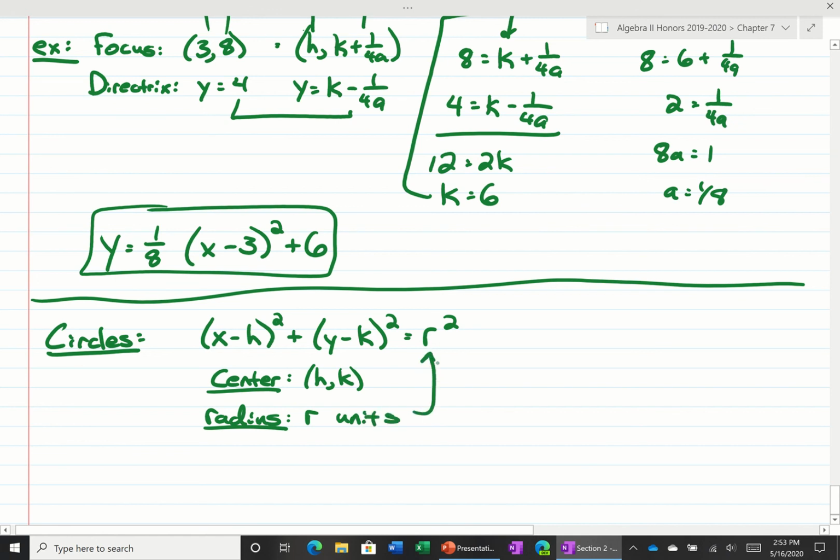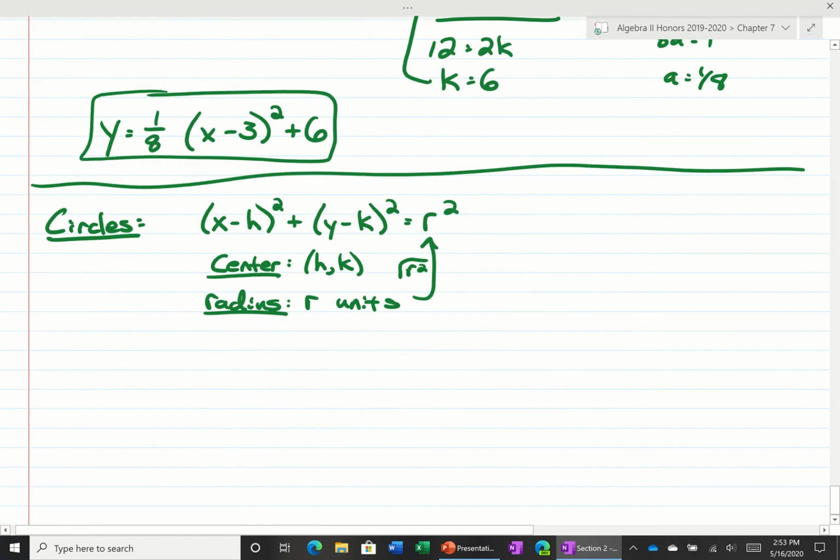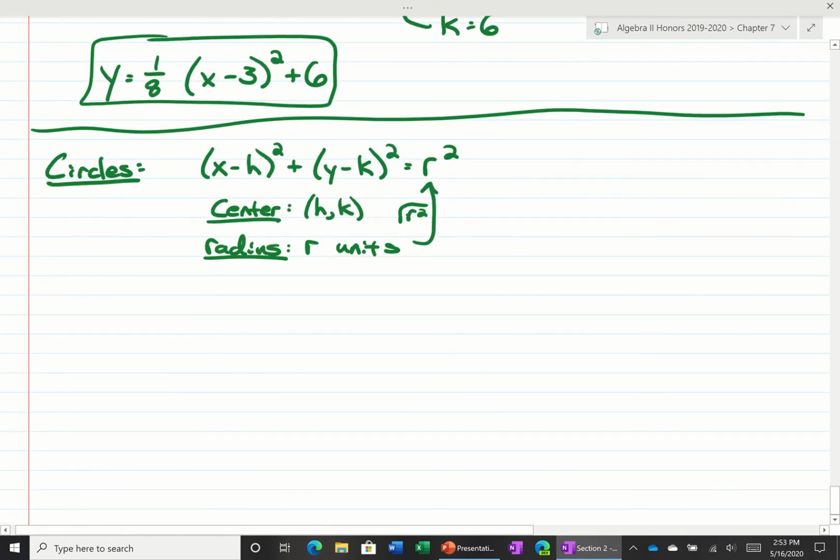So whatever it's equal to, you just take the square root of that. So we'll do one example with circles. So let's say we had x squared plus y squared plus 16x minus 22y minus 20 is equal to 0.